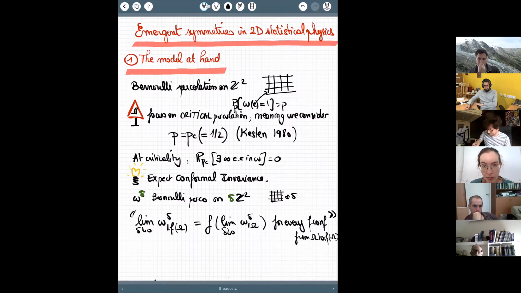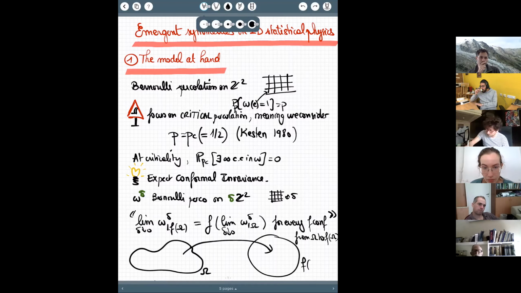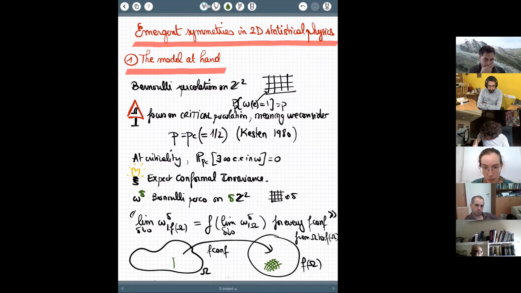So what does this mean? It means, and sometimes the picture is helping here, that if I start from a domain omega, and I map this domain to another domain, f of omega, by a conformal map, then if I look at percolation on the image by f of the square lattice, with a very thin mesh size, the percolation will be very close to percolation on the actual square lattice with very thin mesh size in this new domain.